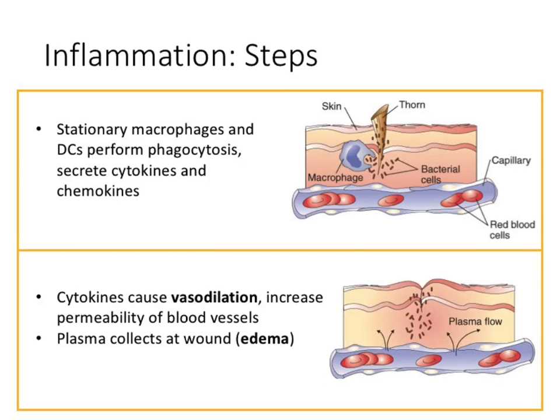So the first thing we begin to find is spacing between the endothelial cells that line the blood vessels. This is a process known as edema. Okay. That allows for some of the plasma, or blood plasma, to flow into this site of infection.